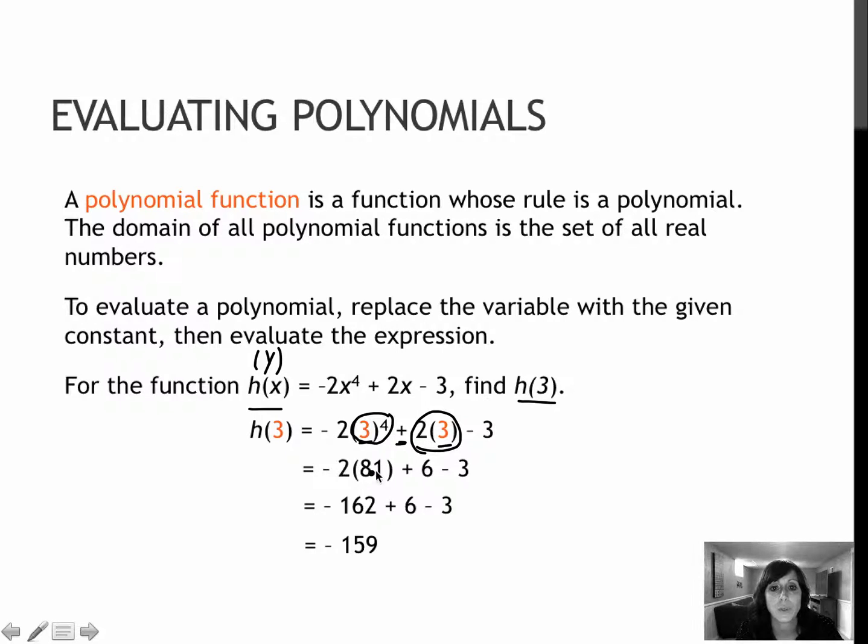So I have -2 times 81 plus 6 minus 3. Again, order of operations says I multiply before I deal with the plus or the minus. So -2 times 81 is -162. And then I'm simply going to add -162 plus 6 and then subtract 3. And there's my answer of -159.